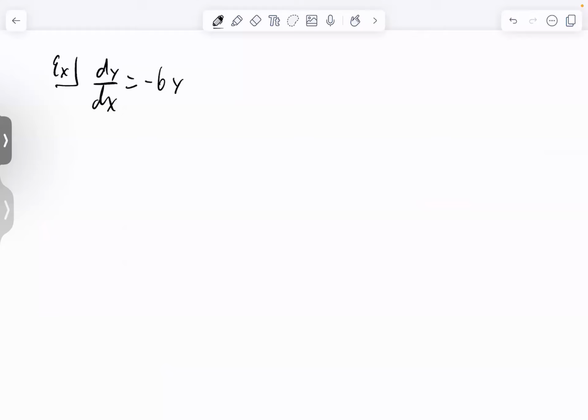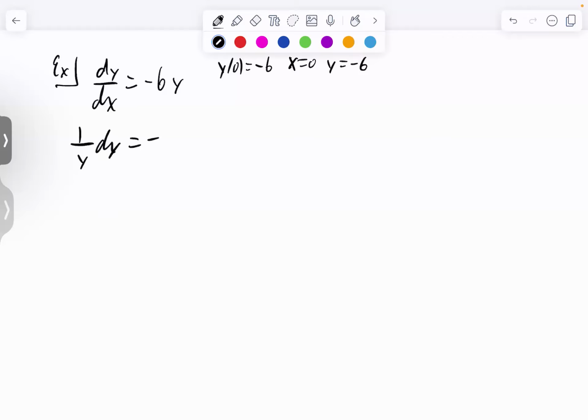They specifically say that y of 0 equals negative 6. And this means at x equals 0, y equals negative 6, just to be explicit on what we mean by that. I'm going to divide both sides by y again and multiply the dx to the other side.